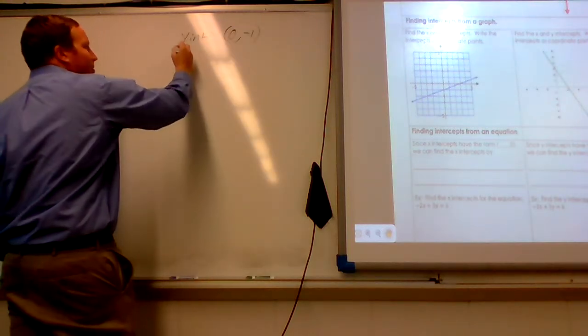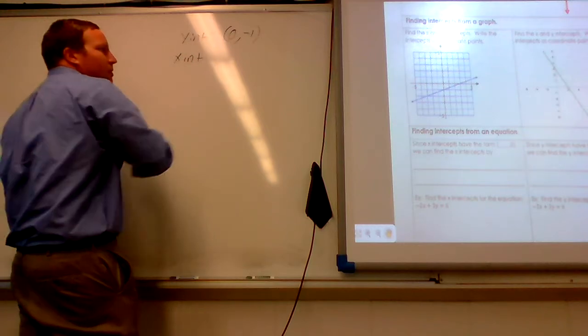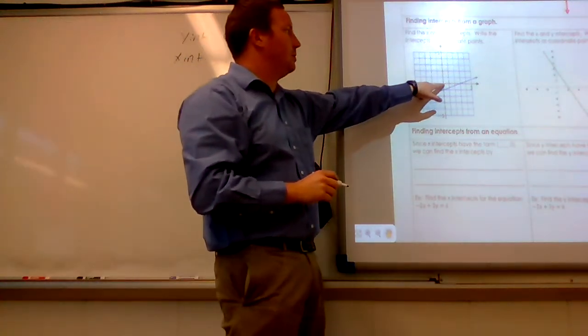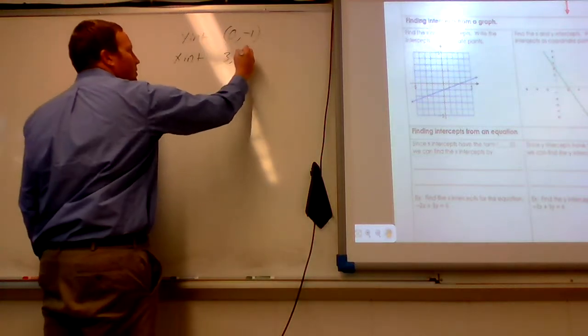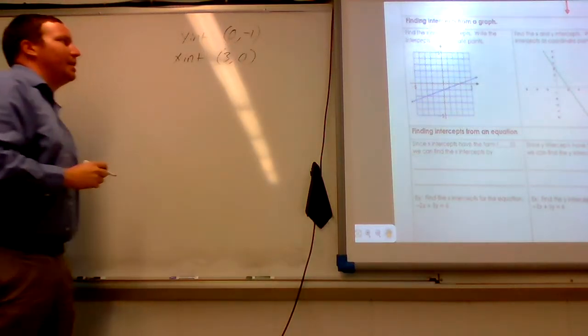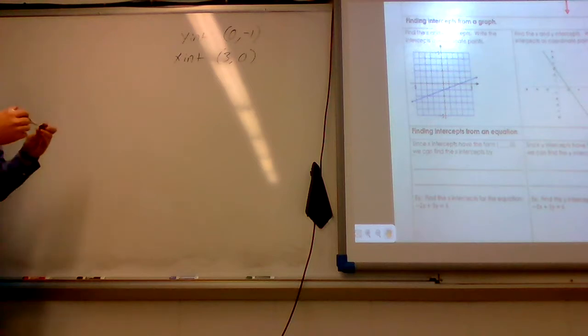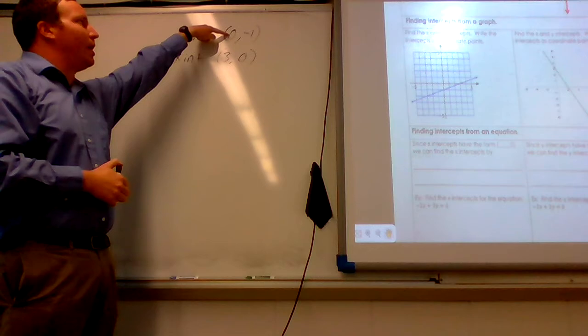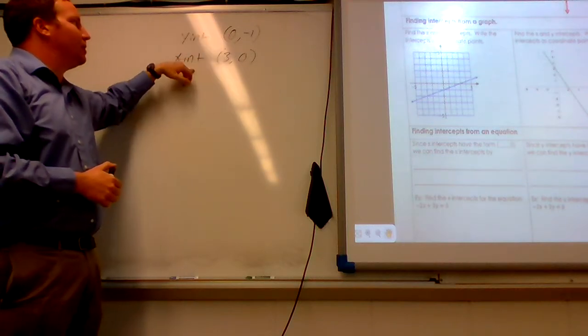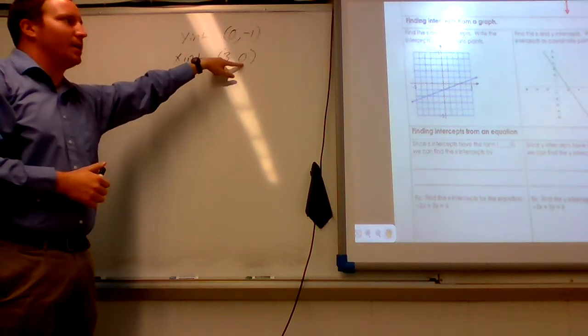And then our x-intercept is at the point, over 3 spots. So it's at 3, 0. So again, x-intercept, y-intercept. For our y-intercept, our x value has to be 0. For our x-intercept, our y value has to be 0.